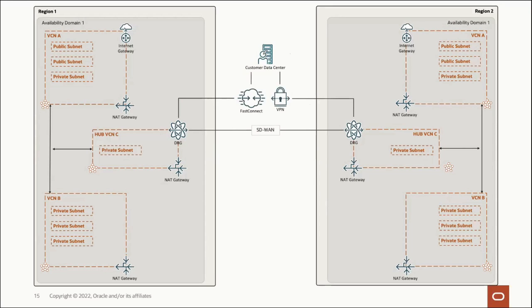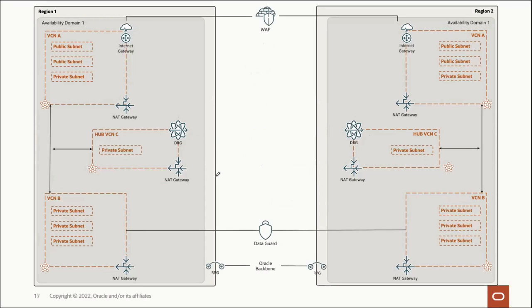So from customer data center, we're going to show FastConnect and then VPN. And then we have a connection between both regions. We have VPNs that we're potentially using for other vendors. And then we have, in some cases, this is where we can get into our security layer, our WAF, where are we deploying our WAF, where are we deploying some of our tools like Data Guard.